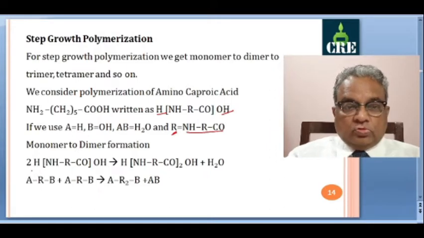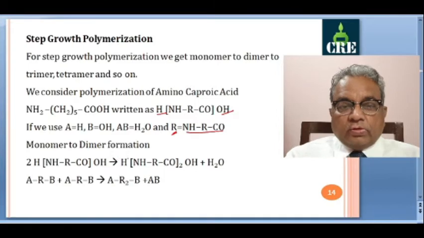So 2 moles of monomer, that is H into bracket NHRCO and here OH, will give us water that will separate out, and this NHRCO 1 will become 2. So monomer to dimer.